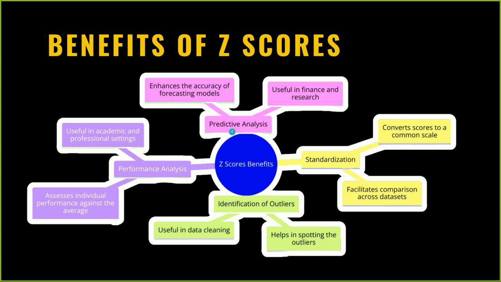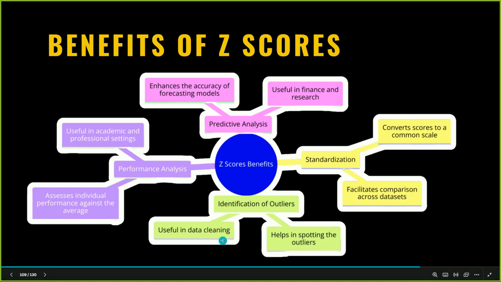You have predictive analysis. We can use it in finance and research. We can enhance the accuracy of forecasting models. In performance analysis, it's useful in academic and professional settings, especially if you're doing research models. We assess individuals' performance against the average. We can identify any outliers, and it's useful in data cleansing, right?